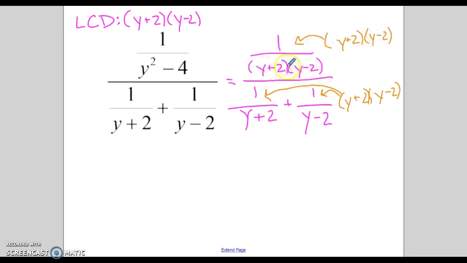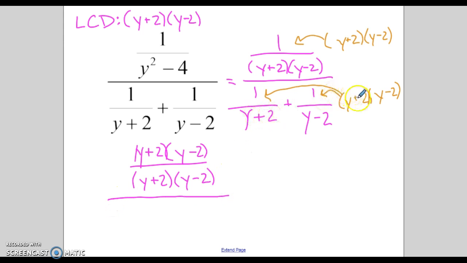So when I do that on top, I will get y plus 2 times y minus 2 over y plus 2 times y minus 2. On the bottom of this fraction, I need to distribute that to both of these terms.